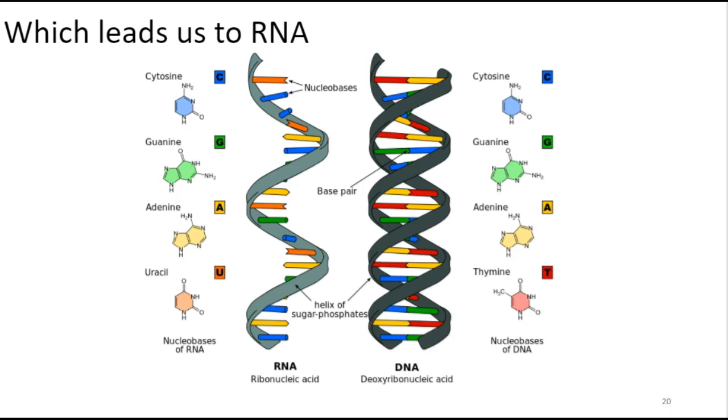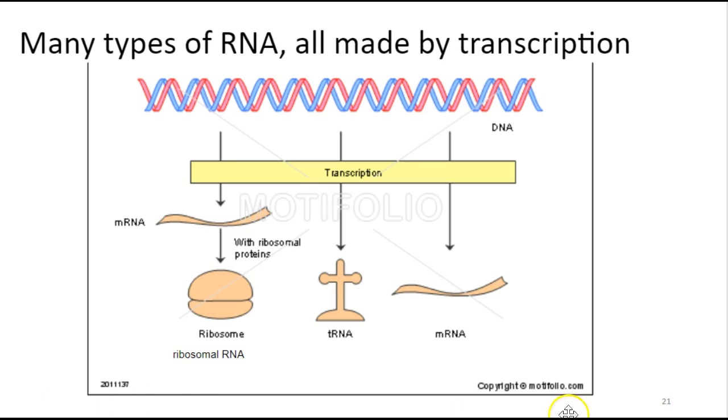Now let's think about the types of RNA and their functions. For our purposes, we will just consider the three major types of RNA, and they are mRNA or messenger RNA. This is the RNA that carries the information about the peptide from the gene to the ribosome.